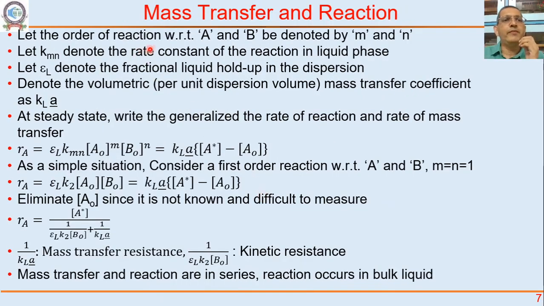So we are going to quantify all of this. Let's say order of reaction with respect to A and B we denote by m and n, and let kmn denote the rate constant for the reaction in the liquid phase, and let epsilon L denote the fraction of liquid holdup in the dispersion.